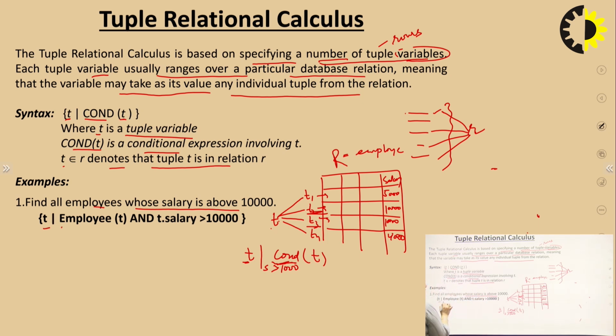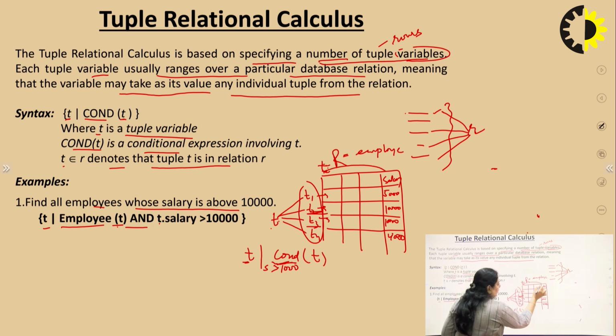So what will the condition be here? Employee is the table for which you have to take this variable. So it takes the variable t initialized, and t dot salary. That means from this table you take t, and from that t you take the attribute salary. So t dot salary greater than 10,000, and you are fetching a tuple t.